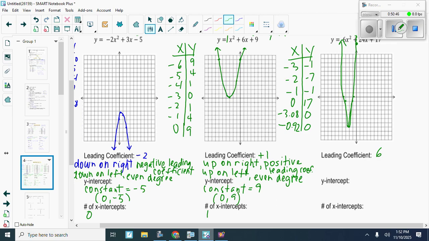So the description: we have up on the right, and that's because we have a positive leading coefficient. And it's up on the left, and we have that because it's an even degree. Our y-intercept was our constant, which was 17.